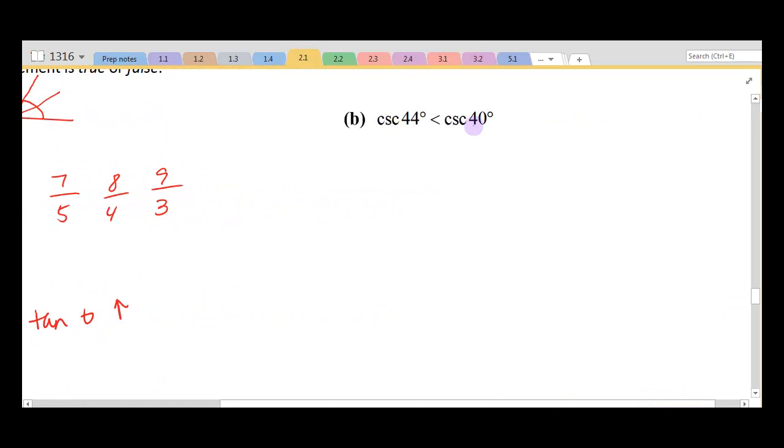Let's look at that again because this is kind of an abstract concept. Let's go with cosecant this time. For cosecant, I know that cosecant's ratio would be r over y. So I've got to put it in terms of its ratio. And I know that as my angle is increasing, r is going to stay the same. So it's fixed.